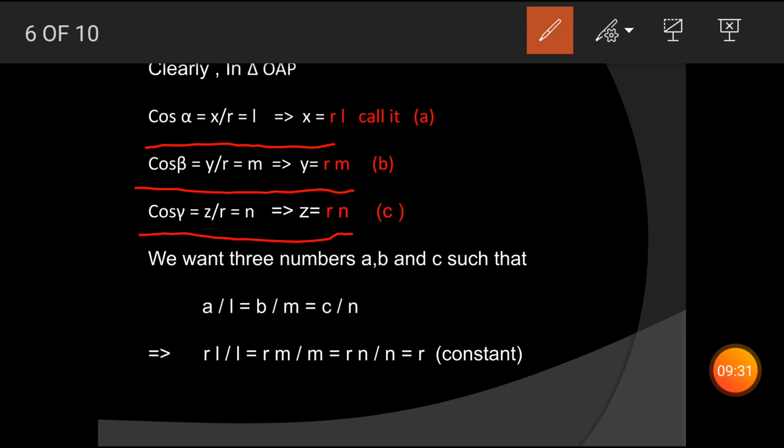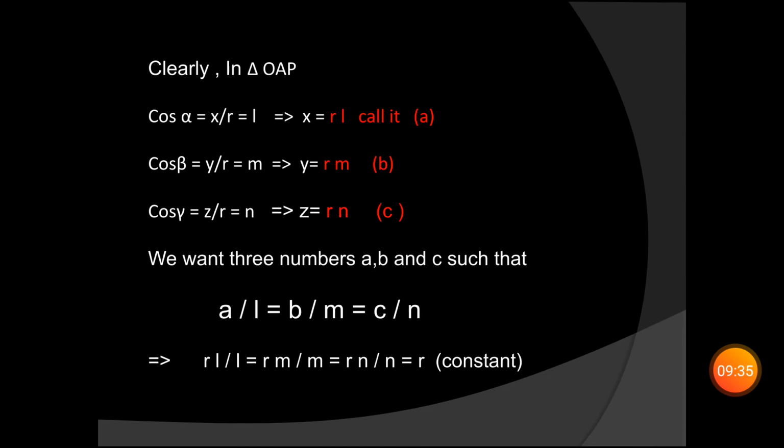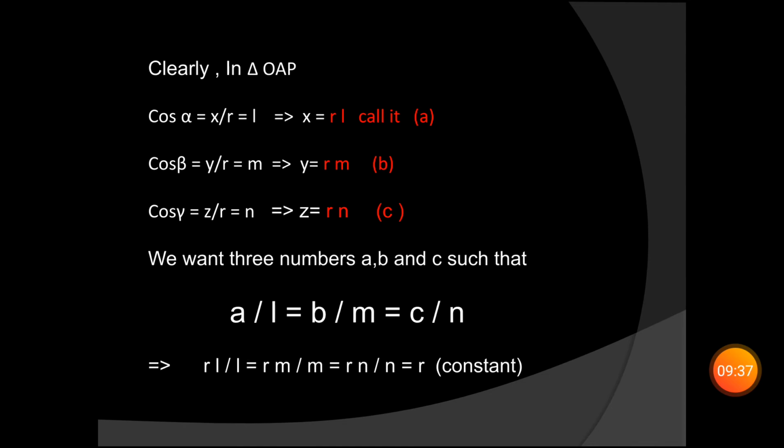Now actually, what do we want? We want A upon L, L is cos alpha, equals B upon m, m is cos beta, and equals C upon n, that is cos gamma. This is what we want, and this should be a constant.